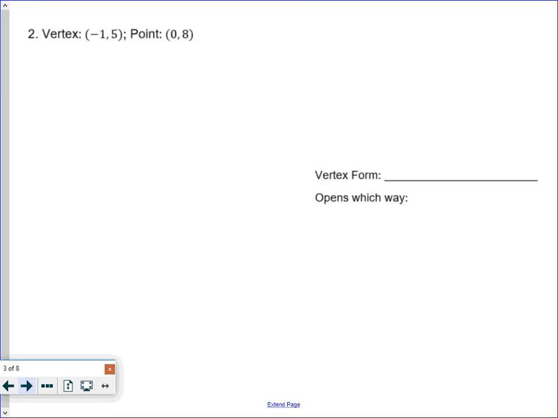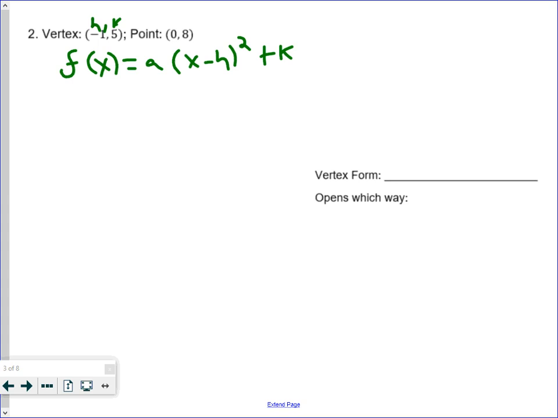We have another problem over here. Let's go ahead and do it. It's going to be the same thing. We have this formula here, f of x equals a times x minus h squared plus k. Our h and k are from our vertex over here. So let's plug it in.